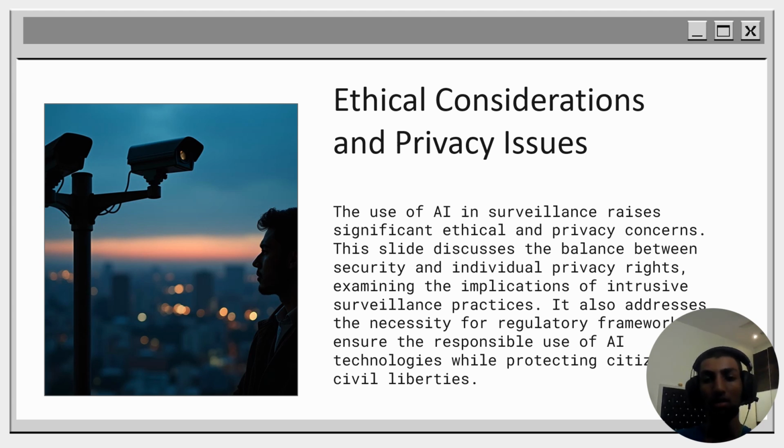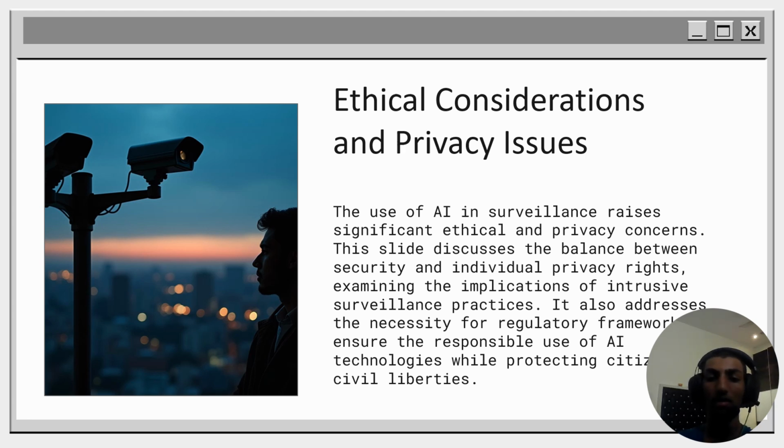And the ethical considerations and privacy issues. While AI enhances surveillance, it also raises ethical and privacy concerns. Potential invasions of privacy through constant monitoring, risk of bias in AI algorithms, and ensuring data protection and responsible use of AI. The use of AI surveillance raises significant ethical and privacy concerns.